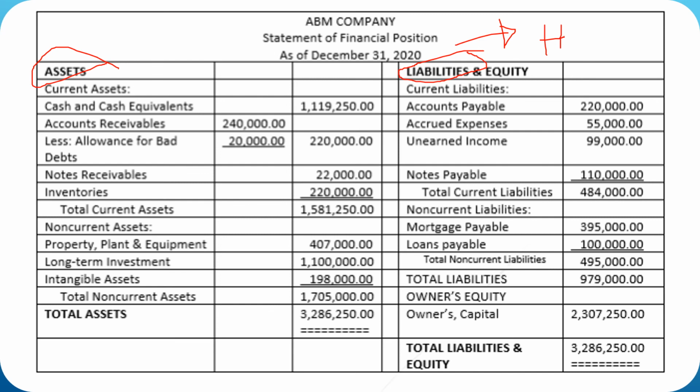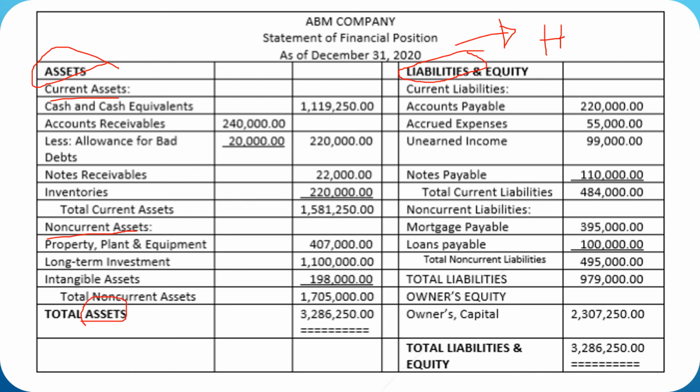The assets is composed of current assets and non-current assets. Total current assets plus non-current assets is equal to total assets.